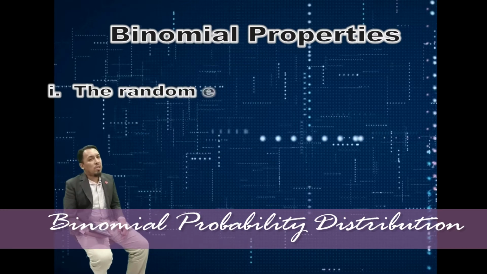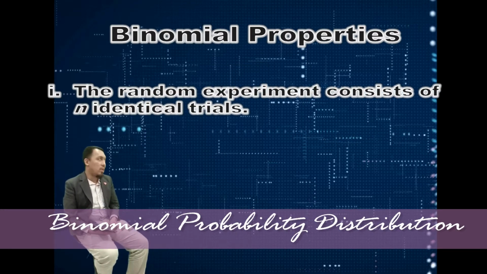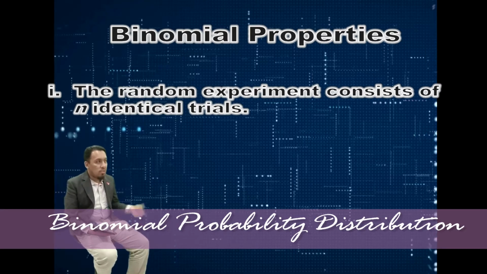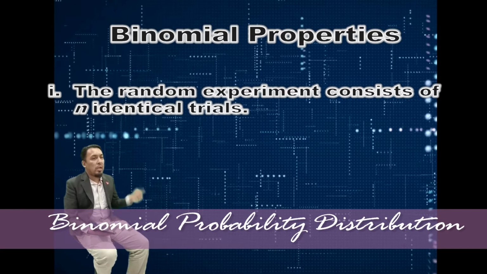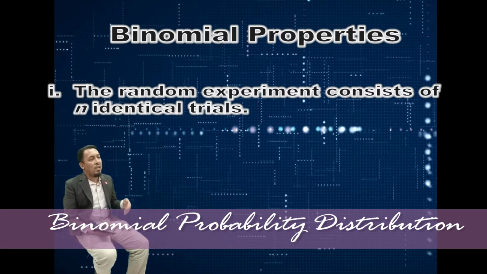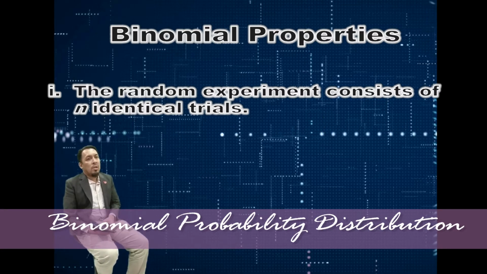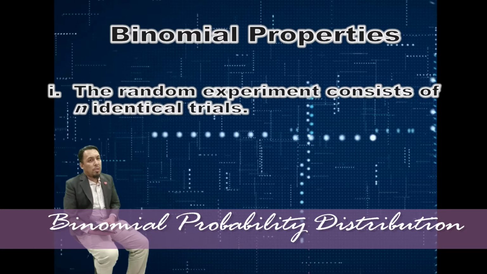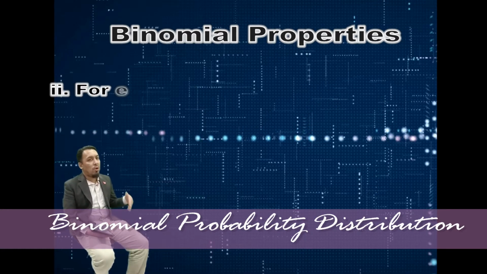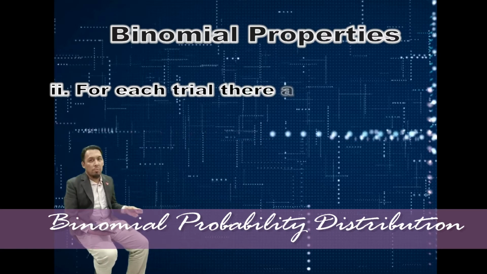First, the random experiment consists of identical trials. It means that the observation or the experiment that is being conducted several times should be identical. They should be the same. Alright? And the next property, each trial or observation should only consist of two possible outcomes.